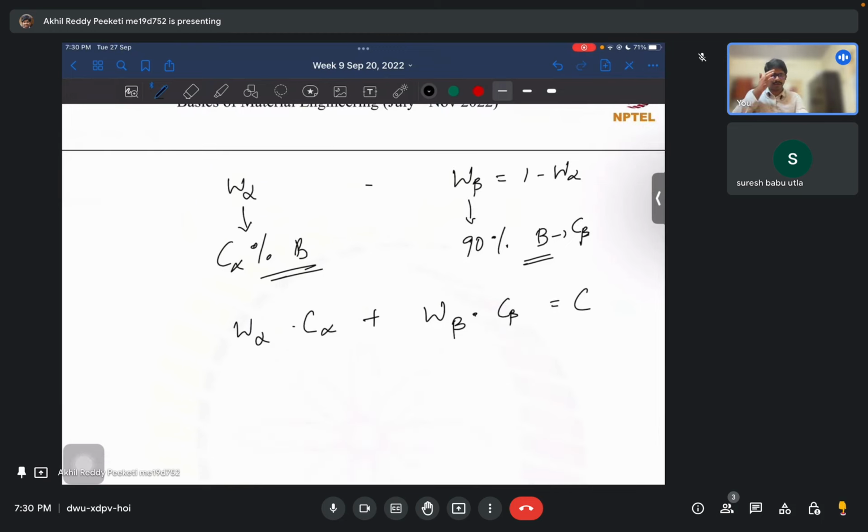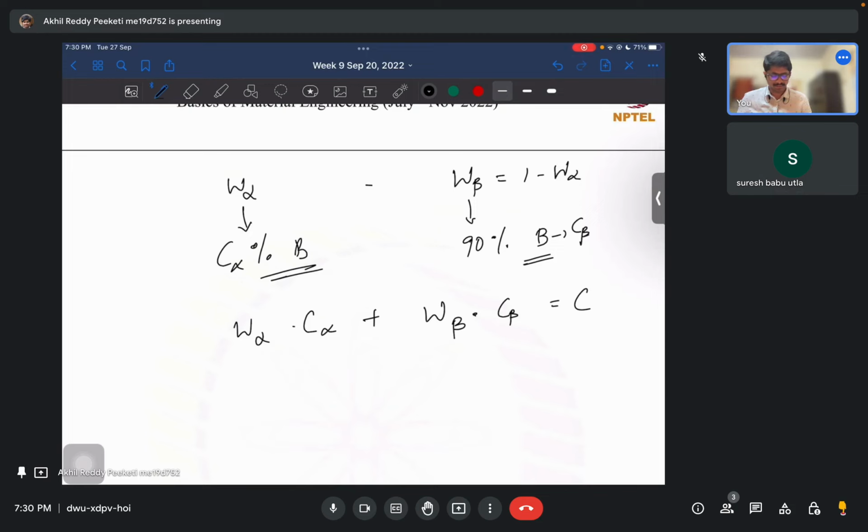You understood how I wrote this? You have a total final composition, and for that you have two individual components, alpha and beta. Alpha can have only C alpha composition and beta can only have C beta composition, with beta as a fraction W beta and alpha as a fraction W alpha.